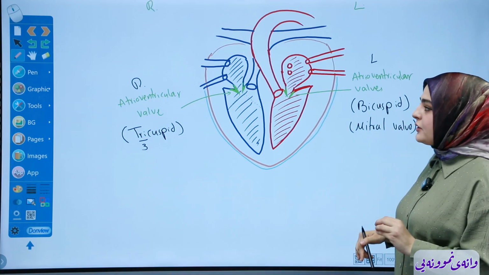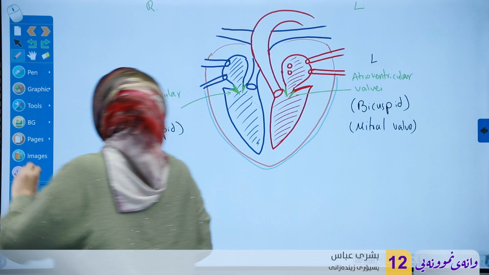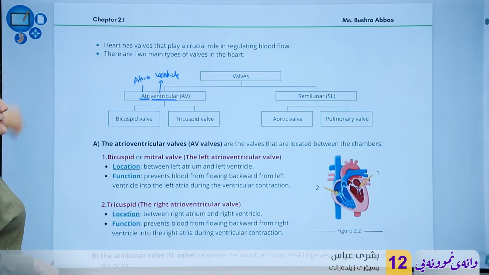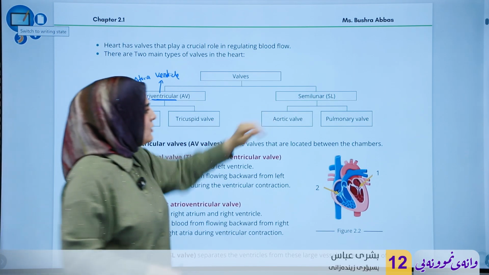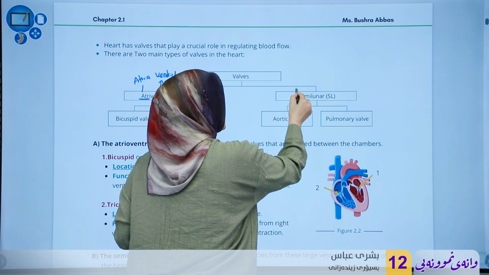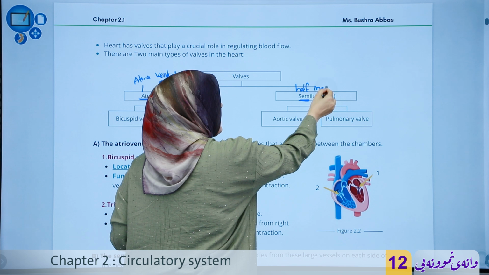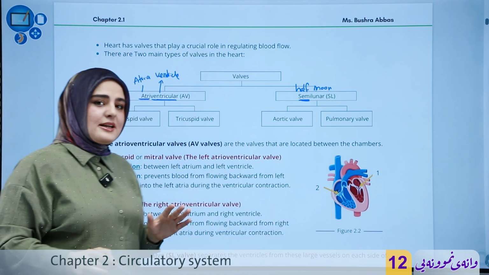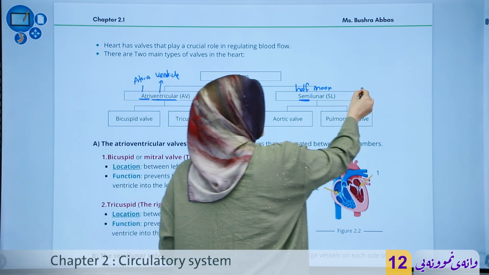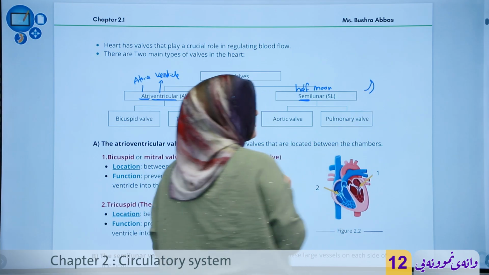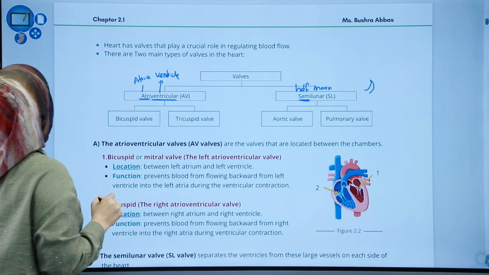We're good. However, we have another set called semilunar. Semilunar means half, luna means moon. So half moon. That's because their shape is crescent and it looks like half a moon like this. They're smaller.